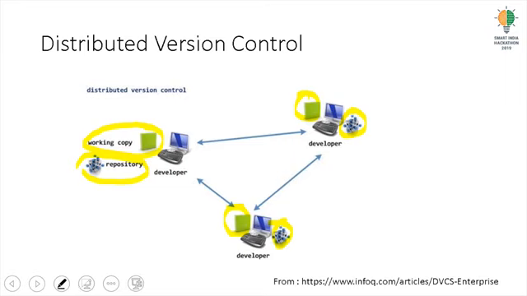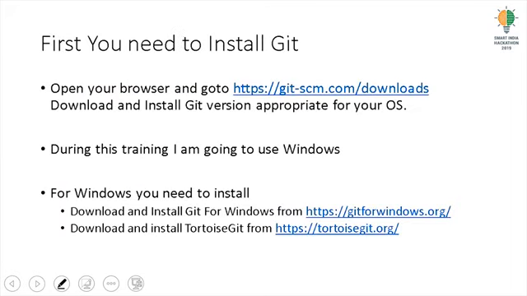Now, today we are going to start by installing the Git software first, the Git client, on your own machine, and then we will see how to create a repository on GitHub, and then we will do the exercises using that repository.